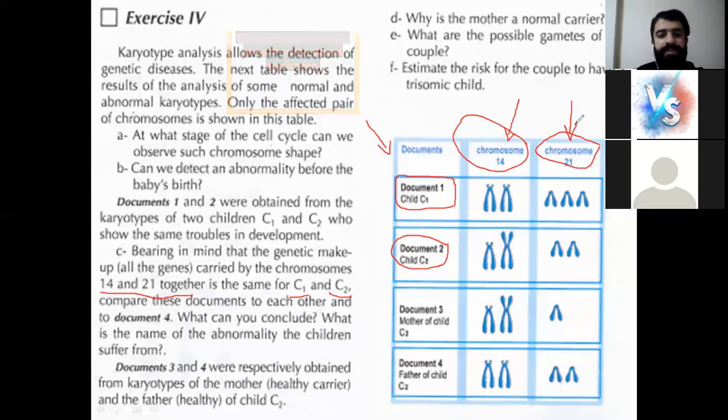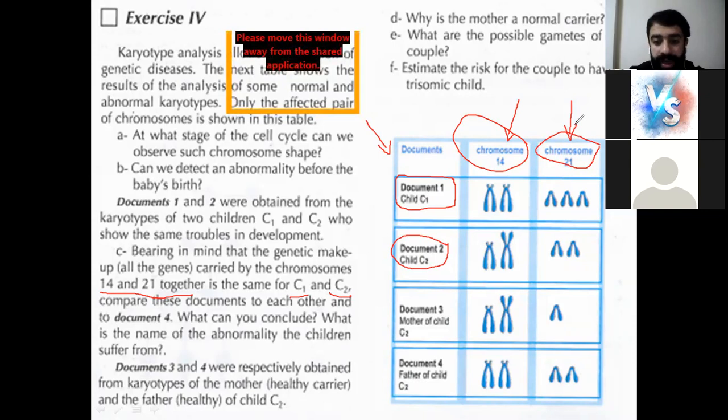They have the same genes carried by 14 and 21 together. So here they said, compare these documents to each other and to document 4. Document 4 is showing the karyotype of the father of the child C2, regarding chromosome 14 and chromosome number 21.